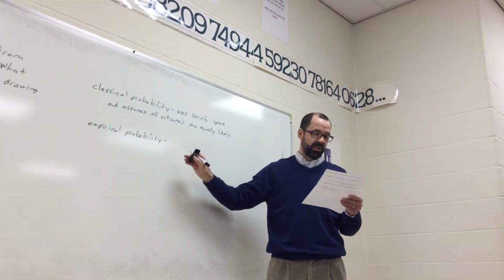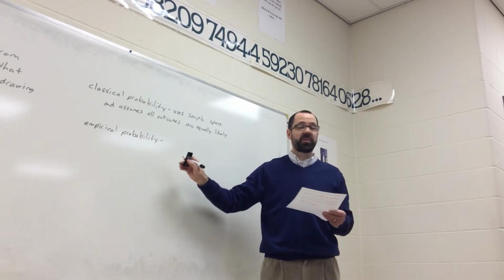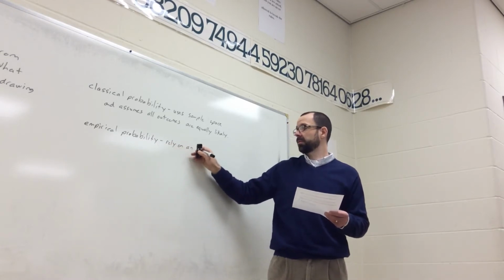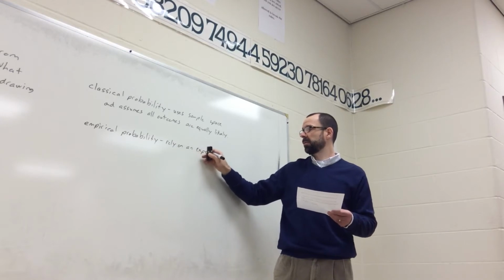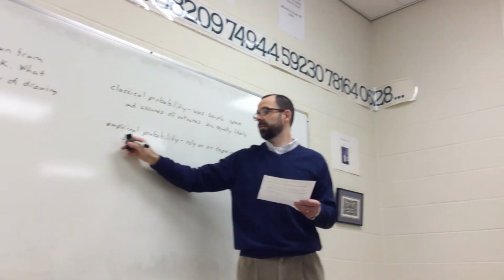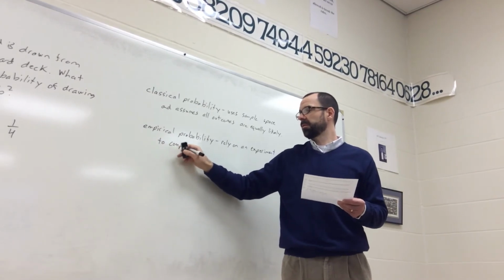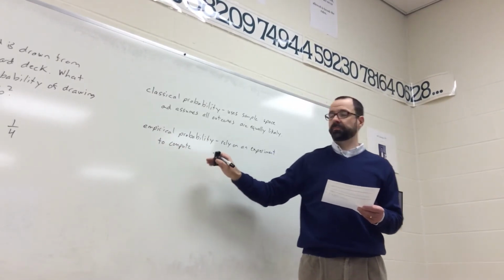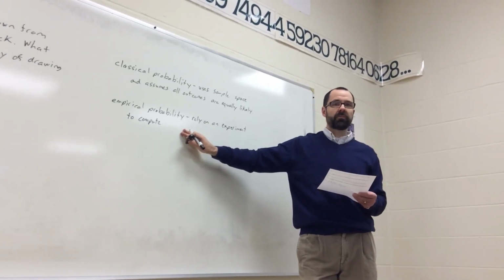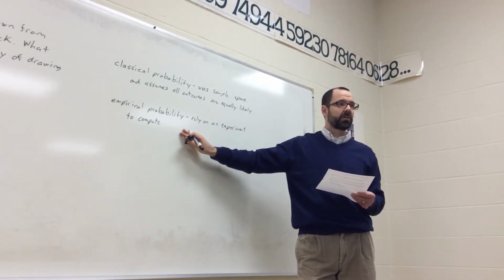And empirical probability is when you rely on an experiment to compute the probability. And this is what a scientist does.